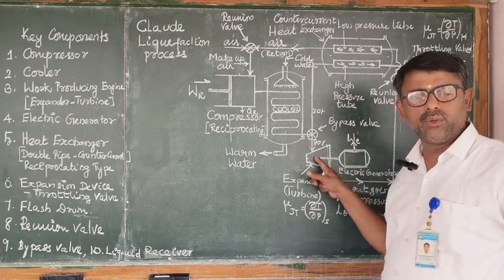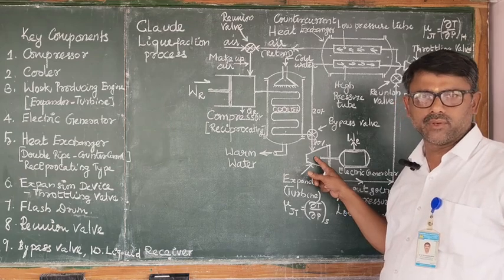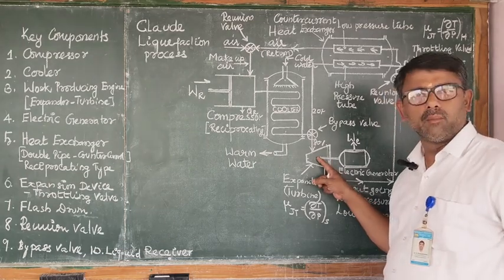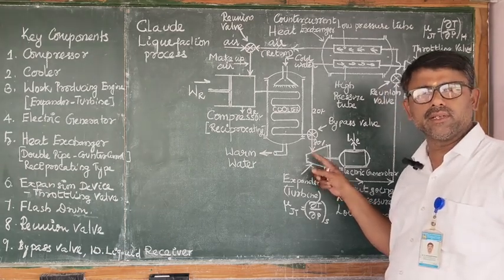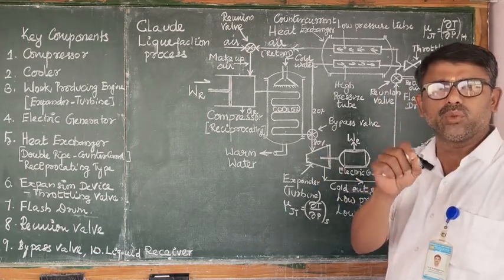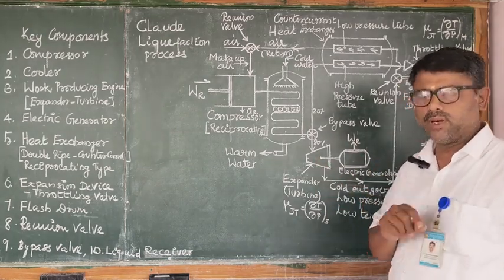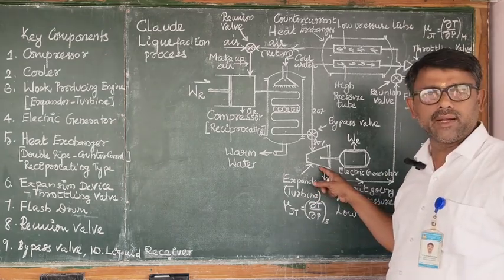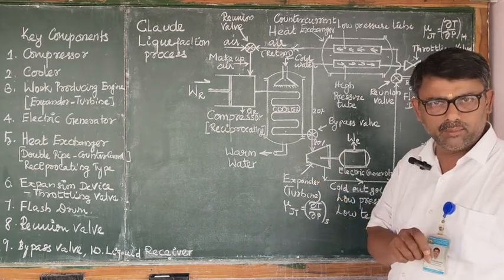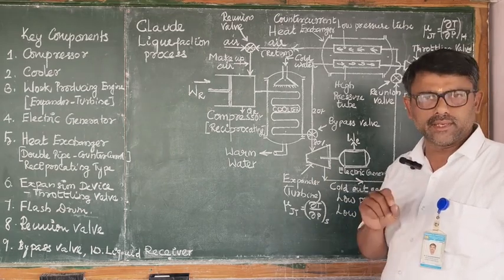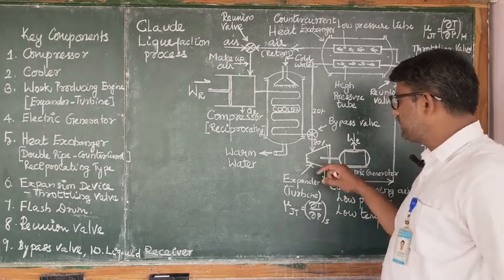During this expansion, the process is reversible. Reversible means the work done by the air due to expansion is exactly utilized to produce electricity. Moreover, this turbine or expander is completely insulated. There is no way to exchange heat between system and surrounding.